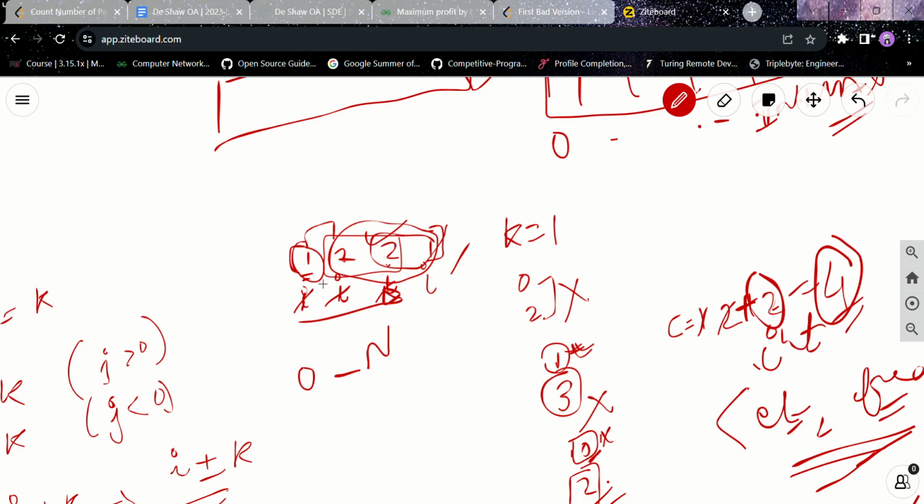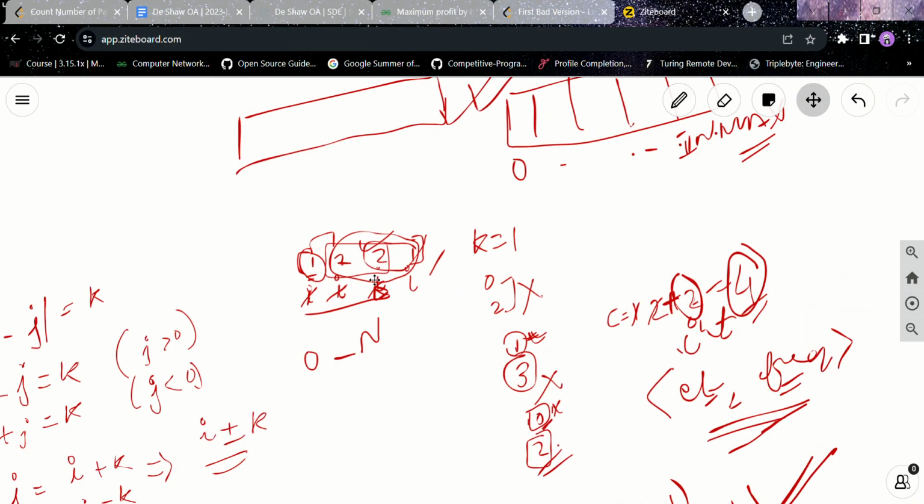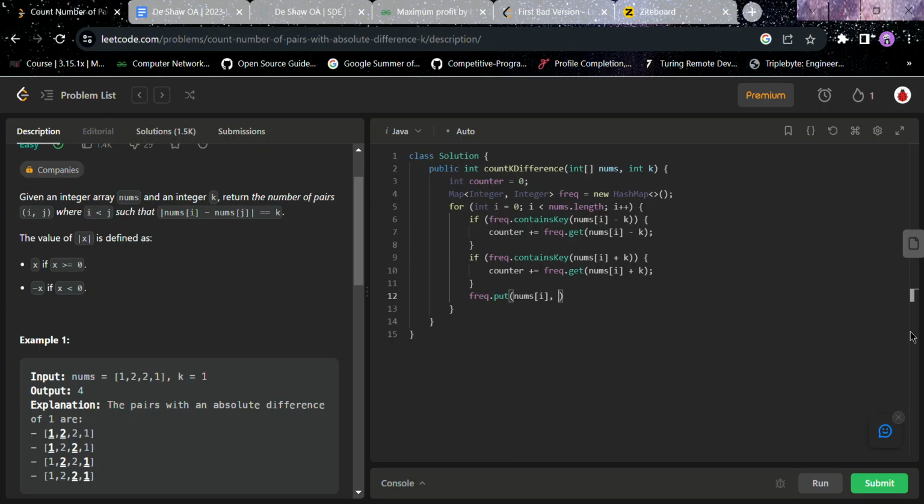If the frequency of 2 was 1, and we visited it again, now we have to increment it to 2. So 2 is appearing 2 times, so we'll use frequency.getOrDefault.